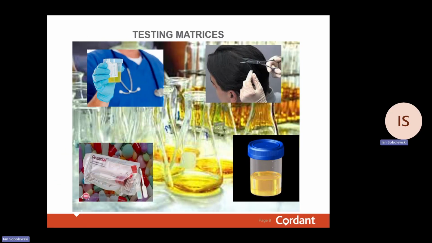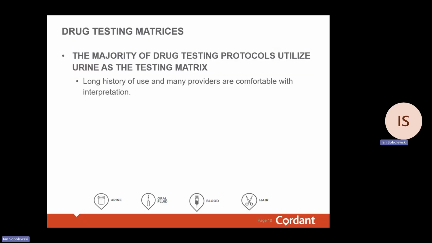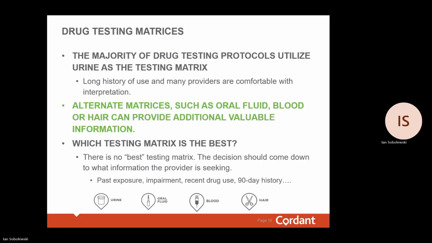Now let's take a look at the different testing matrices that we look at here. For the majority of drug testing, the test is typically urine. It has a long history of use, and many of our clients are comfortable with its interpretation. However, there are alternatives, such as oral fluid, blood, and hair, that can be very valuable and provide additional information.